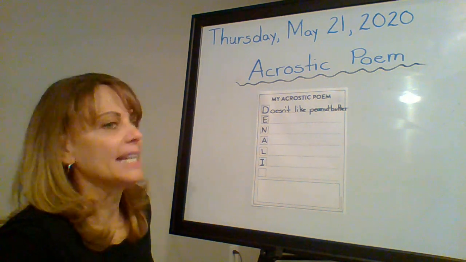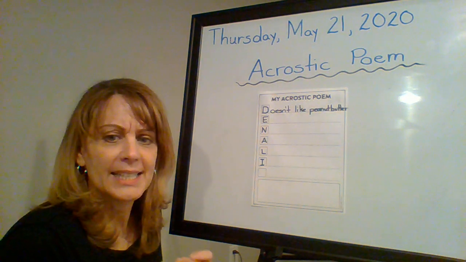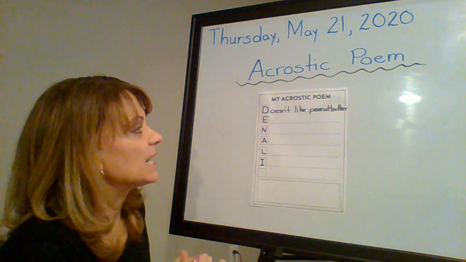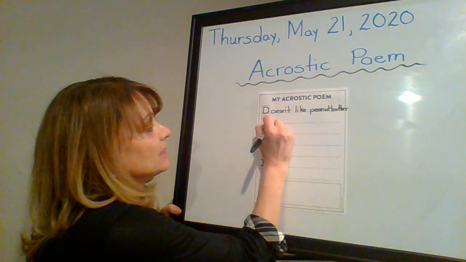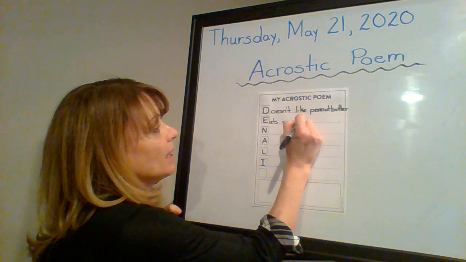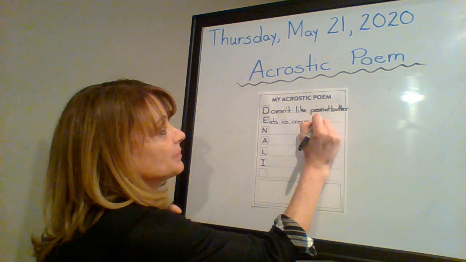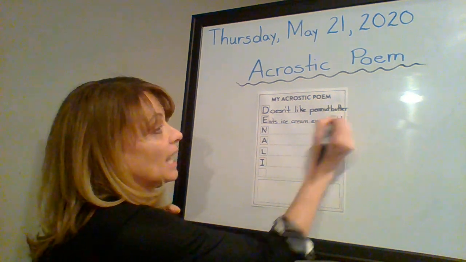Okay, and then I said E. What does E? Well, E would be something that he eats, right? What does he eat? Well, he eats ice cream every night. And he does.